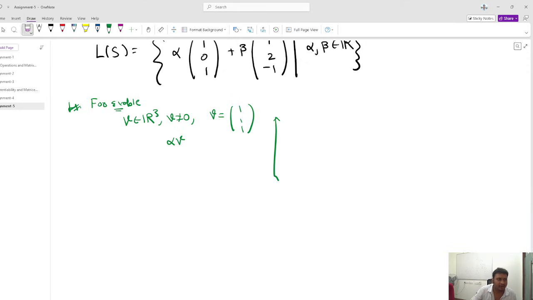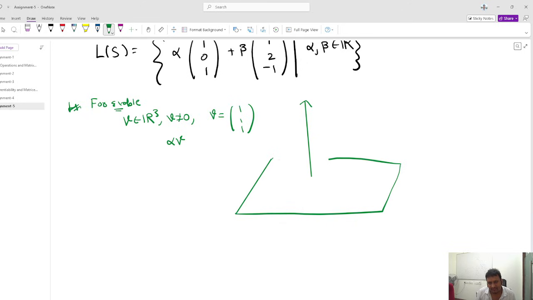Let me draw it. Alpha can be anything, right? So say this is your xy plane, meaning where the x-axis and y-axis are, and this is your z-axis.